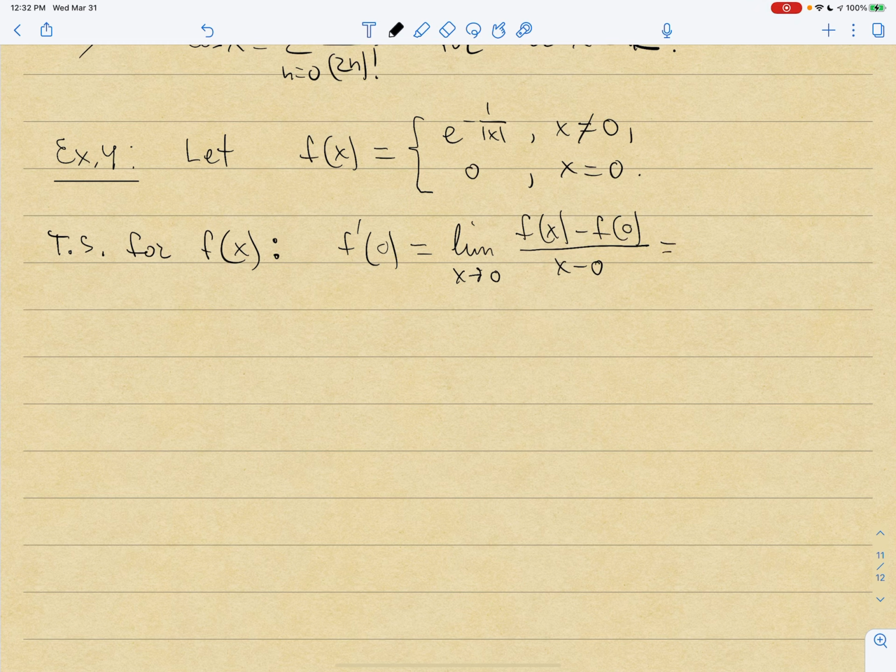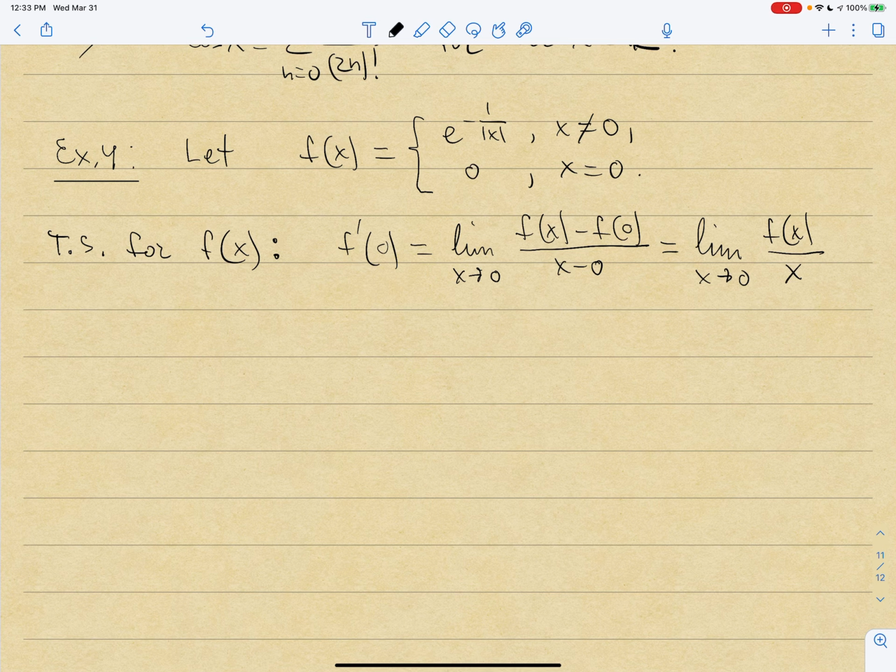So in this case, f of 0 is 0, so this is just the limit as x goes to 0 of f of x over x.